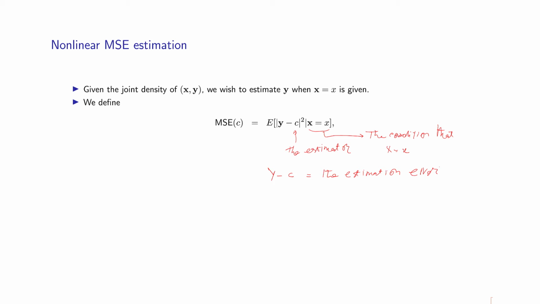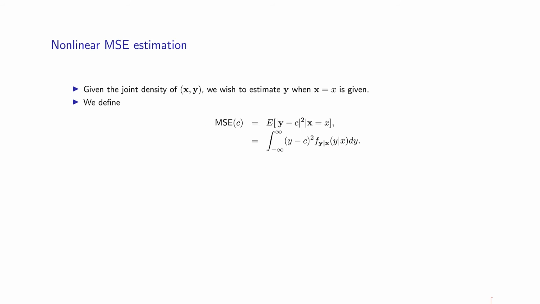So the error between the true value and the estimated value, squared, and this is the mean of the squared value. So we want to minimize this function in order to find the optimal value of c.